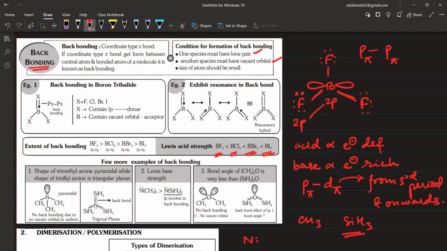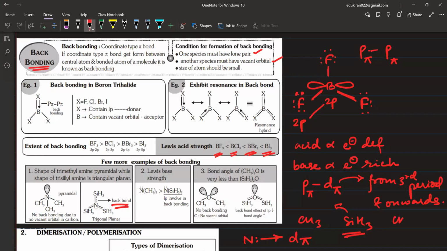Okay? It is a third period element. If it is a third period element, then it will have vacant d orbitals. It will always have vacant d orbitals, and the nitrogen atom can give the electrons into those vacant d orbitals. That is why the lone pair of nitrogen is shared between nitrogen and silicon, forming a back bond.